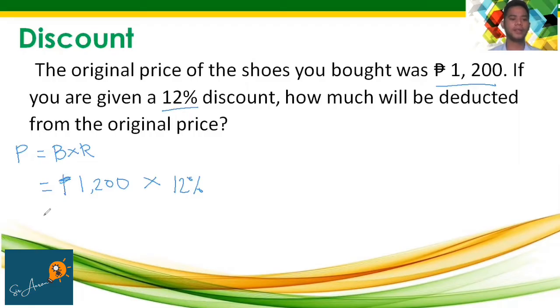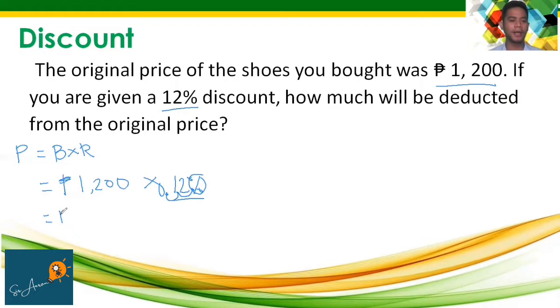Okay, so sagutan natin yon. So again, yung rate, or yung percent, hindi siya na-multiply sa isang number. We need to transform that into a decimal. Okay, so gagawin natin itong decimal. So yung percent sign o kaya yung decimal point ay i-move natin ng twice or 2 beses papunta sa kaliwa. So i-move natin 1, 2 na andun na yung kanyang decimal point and we will add 0 doon.